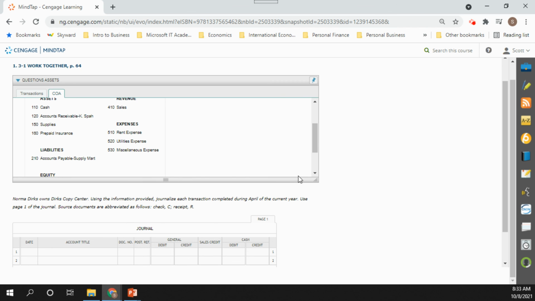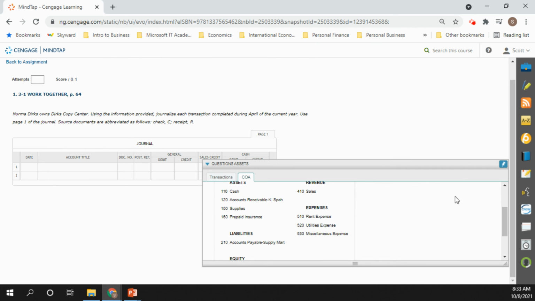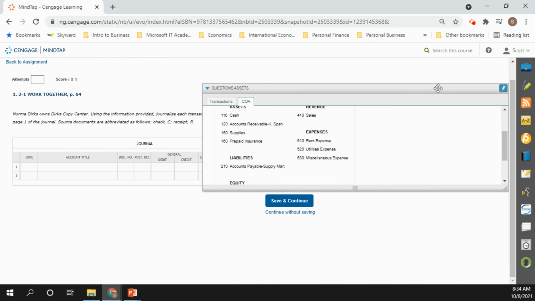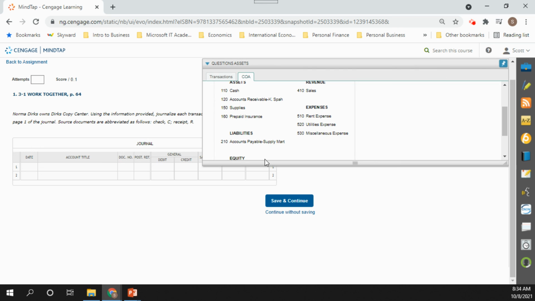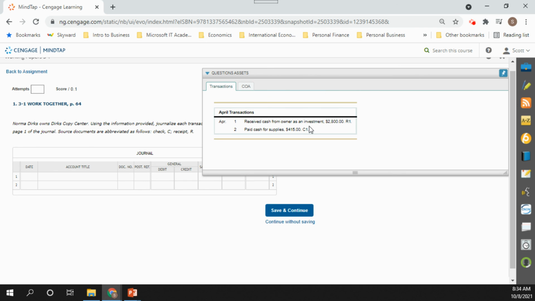All right. I'm going to pin this and kind of move it off to the left or down or something. I guess that's not going to work too well. All right. Anyway, let's see here. Date. We have our transaction, receive cash from owner as an investment. Well, our date is going to be April 1.